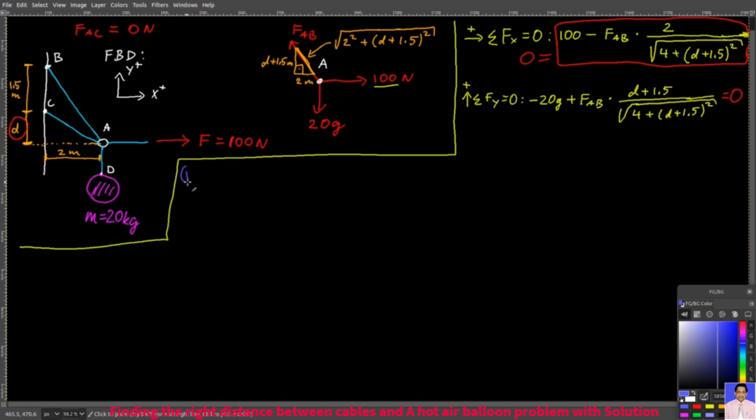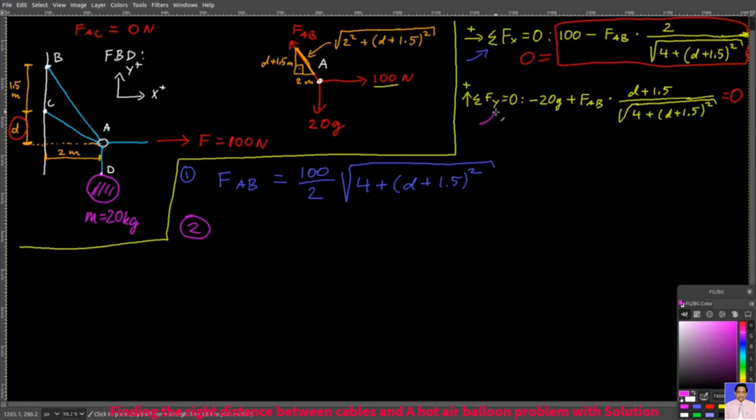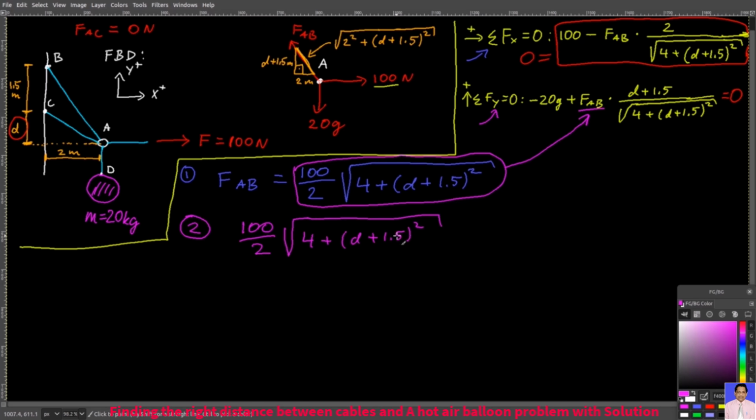Now, if I take the first equation, this one here, then I can write FAB like this. I have 100 over 2, and then this hypotenuse. So I simply do some algebra here, and then I express FAB in terms of everything else. Then I take the second equation, this one here, and I replace FAB with this expression here. And so essentially I will have my FAB times D plus 1.5, which is this numerator here.